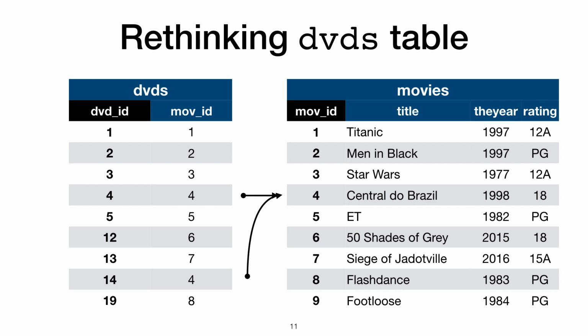So it too has Central do Brasil on it. So we can see there then that we're only storing information about the movie once. And the movie is distinct from the disc.